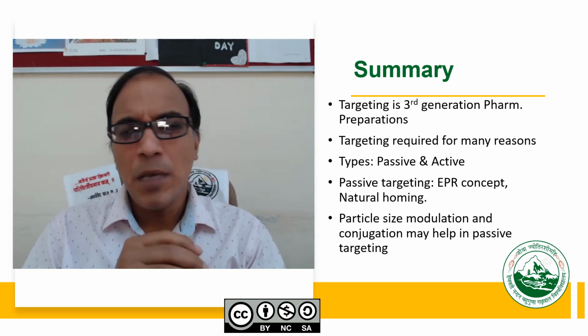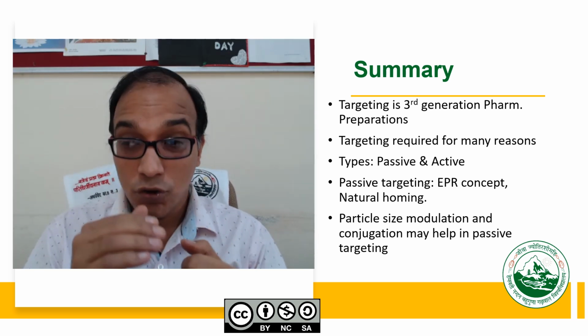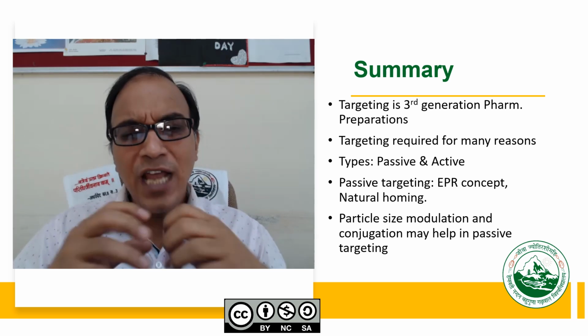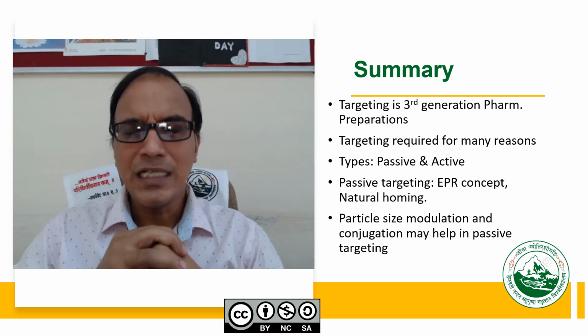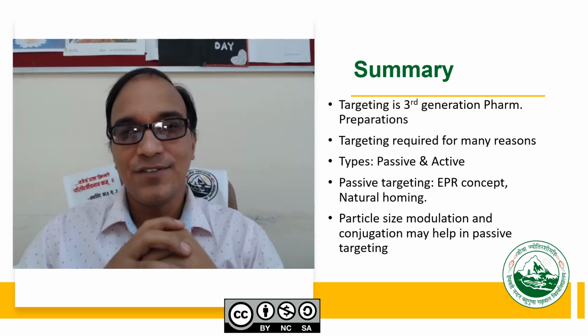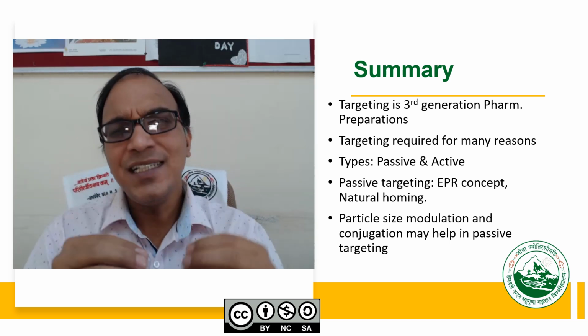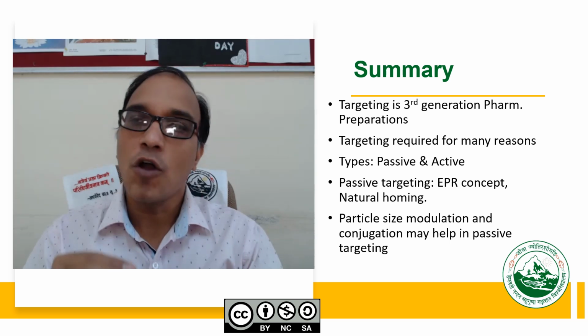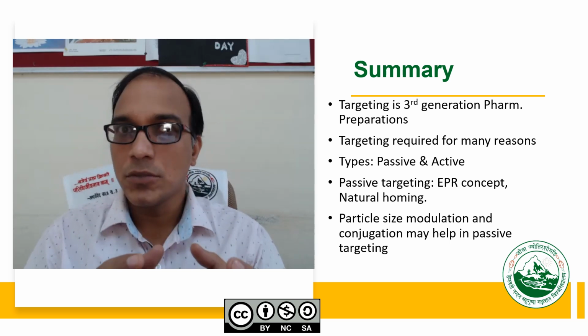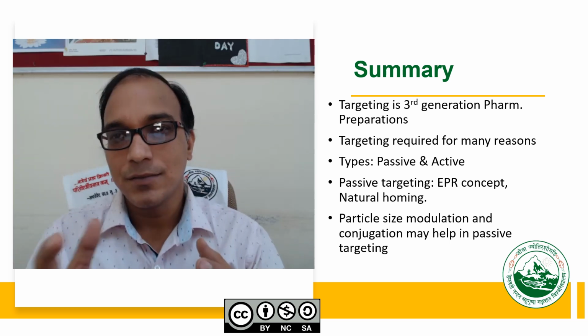Particle size modulation and conjugation may help in passive targeting. So we have to explore what kind of targeting we want to achieve, and these approaches differ from one place or one need to another.